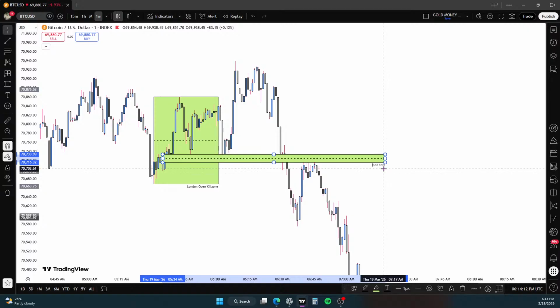But this is the London Open Kill Zone. So it's called LOKZ: London Open Kill Zone, first presented fair value gap. And this exact fair value gap is being treated as an inversion.